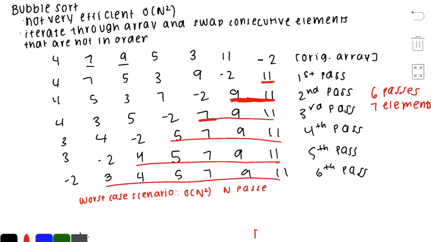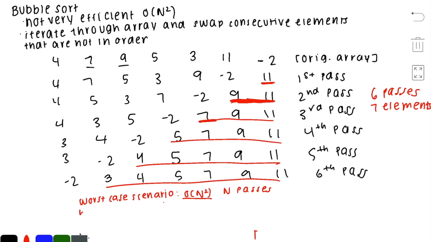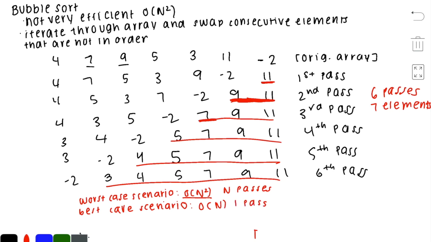And then remember that in each pass, we're iterating through every single element. So that's why the runtime would be O of n squared. And in the best case scenario, where all the elements of the array are already in sorted order, the runtime would be O of n, because we would only have to do one pass to check if everything's sorted.